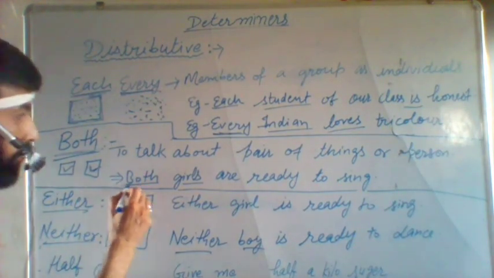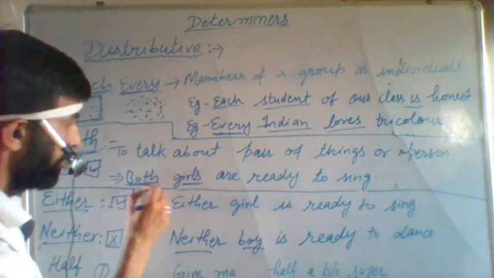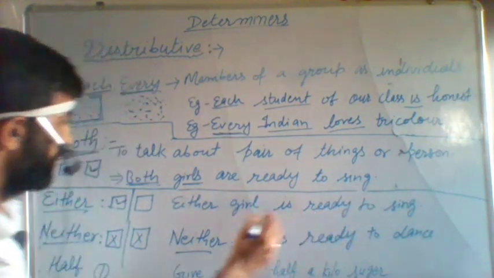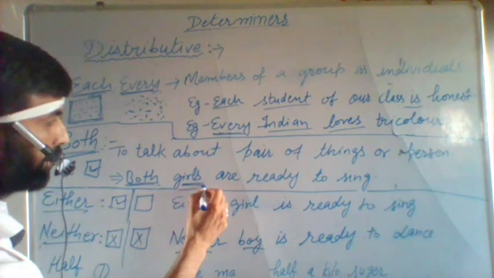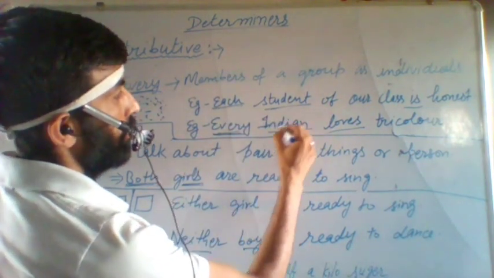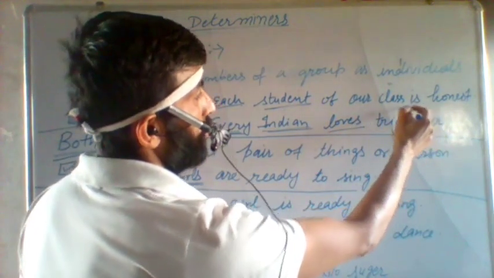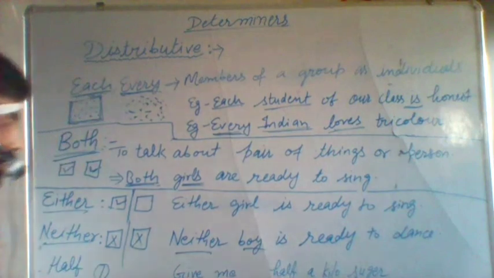You can see the example: both girls, or both Bhavna and Sanju, are ready to sing. After both you will get a plural determiner, but after each and every you will get a singular determiner, and you will use a singular verb. Keep in mind.